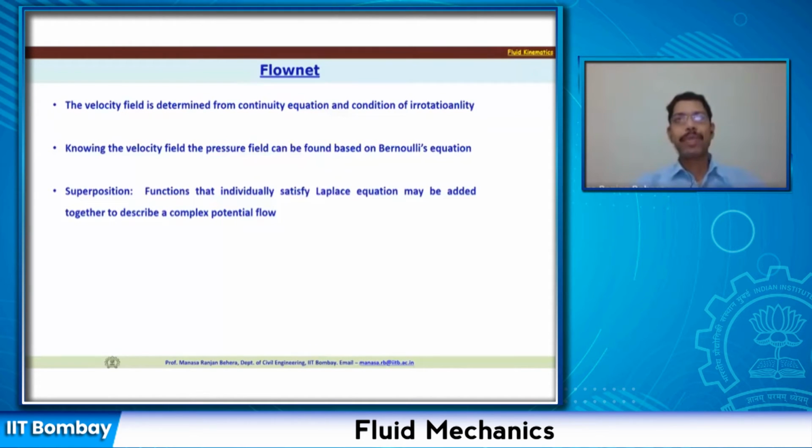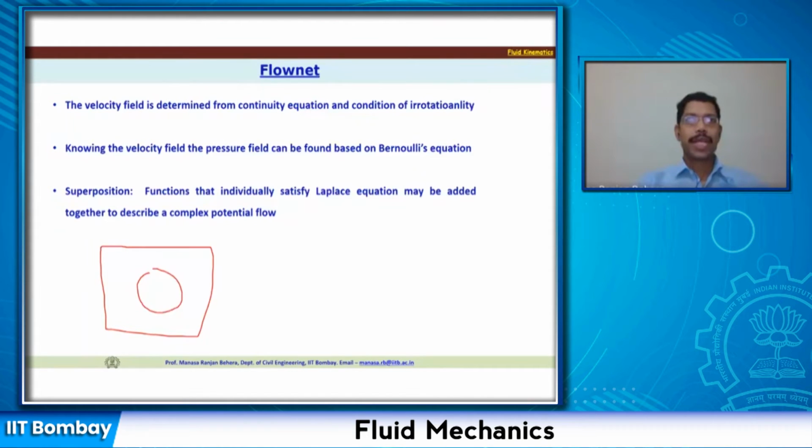Let us say I have some domain, something like this. Within that I have some kind of circle like this. This represents, let us say, a lake, and there is a small island within the lake. Now I want to understand how the flow is going to take place.